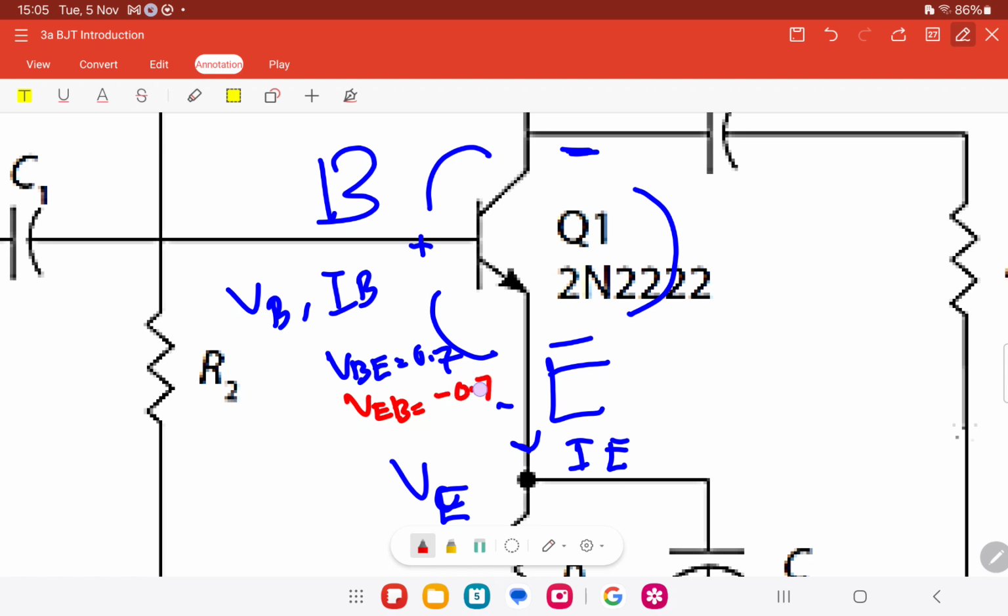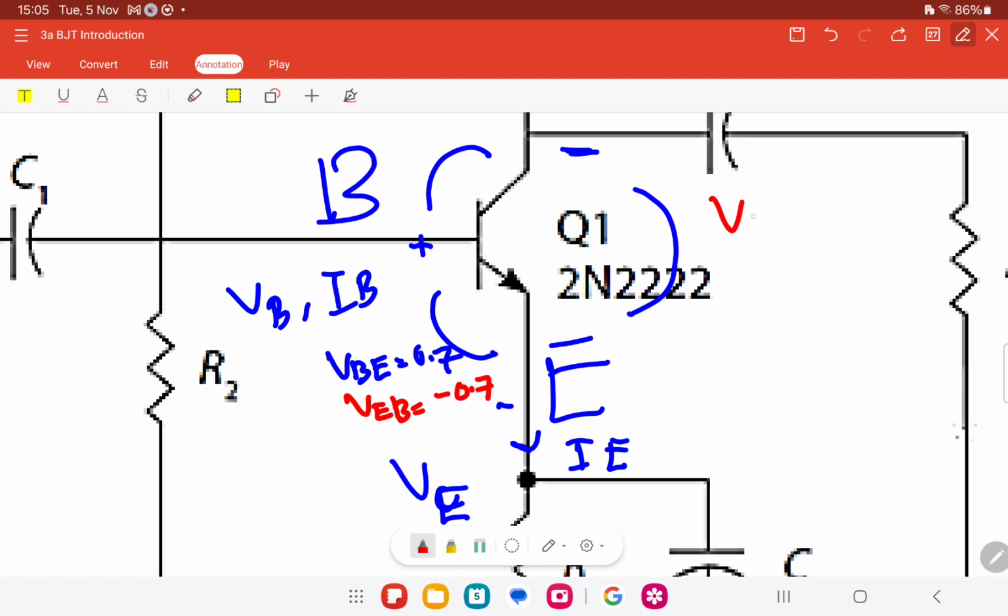Minus. Dia sama je value dia. Because VBE is voltage potential between base and emitter. VEB voltage potential between emitter to base. Point yang sama tapi kita tukar tukar polarity dia je. Value dia mesti sama. Okay.